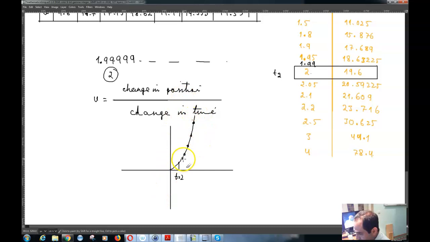Now if I get close enough to t is equal to 2 so that this point becomes exactly t is equal to 2, then of course the change in position would be 0. And the change in time would also be 0, because then there is no time between t is equal to 2 and t is equal to 2.